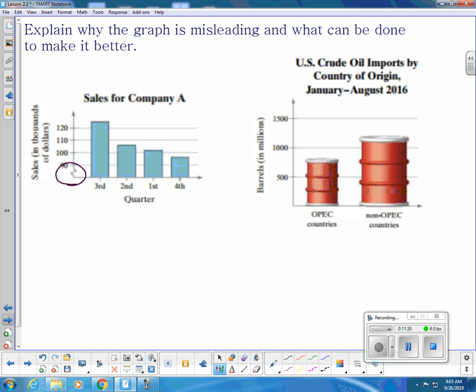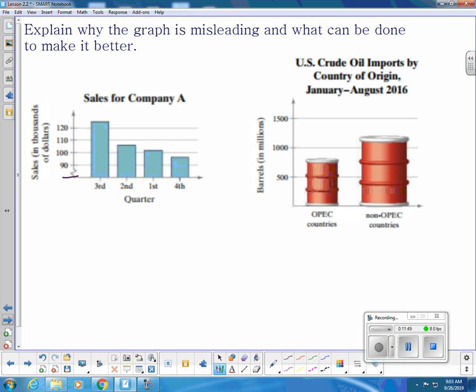But in reality, if you look, it's going from 105 to 120. That's only $15,000. In the big scheme of things for a company, $15,000 is not significant at all. But because they started the graph here at, let's say 80, you can't really see that it's not significant. They've narrowed your focus down so that it looks like a big, big difference, and it's not.